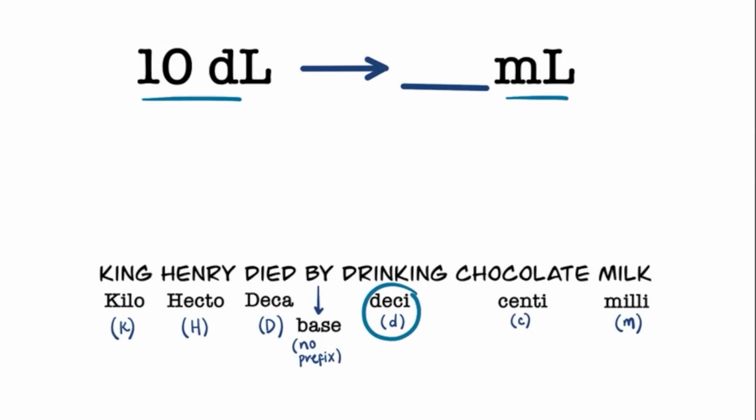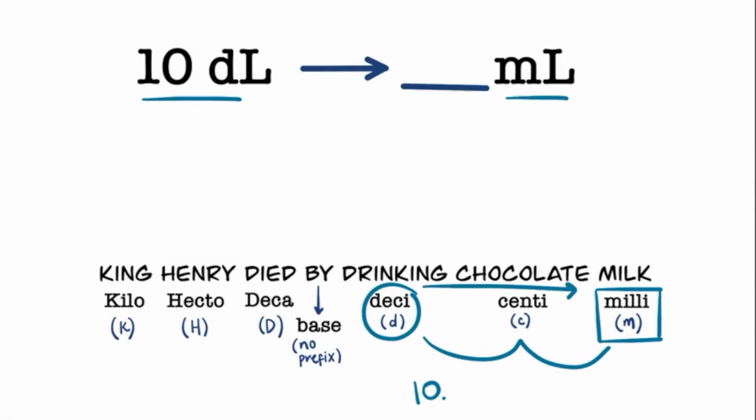We also box where we want to get to, or the milli mark in this case. Then we just count how many steps and the direction that we're moving in to get from where we started to where we want to go. So in this case, we would have moved 2 places to the right. This tells us that the decimal place at the end of 10 will move 2 places to the right, which will give us 1,000.